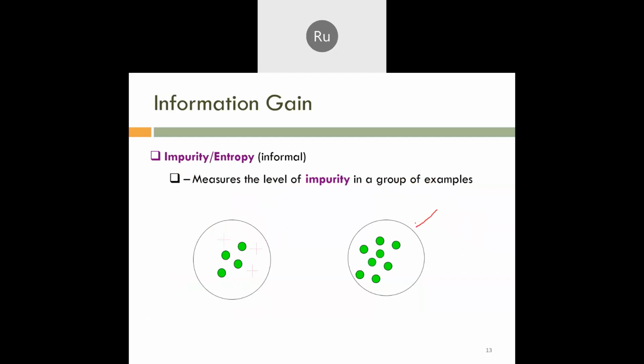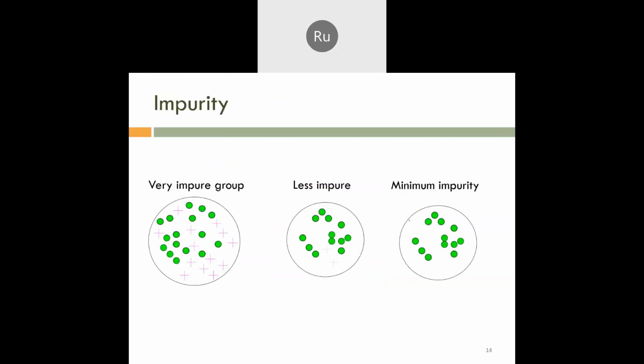So we say that this one is high purity and this one is not very high. Or we can say impurity. So this is high impurity, this is low impurity. This one is minimum impurity. This one is maximum because we have a mixture of the green and the plus.